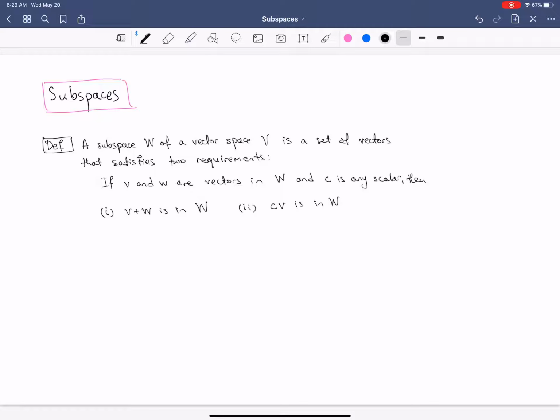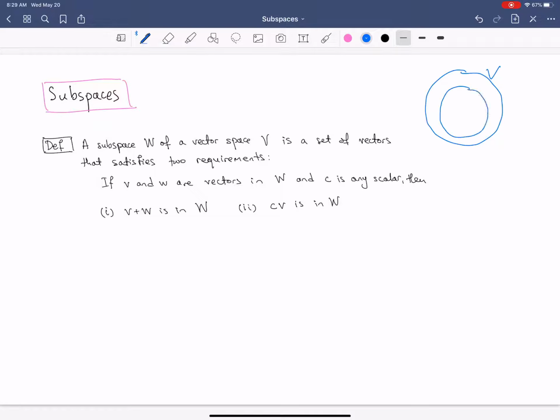I kind of like to look at this with a little picture diagram. So imagine you have the vector space V somehow here, and then you have W over here. So W must be, first of all, a subset of V, because this is also a set.